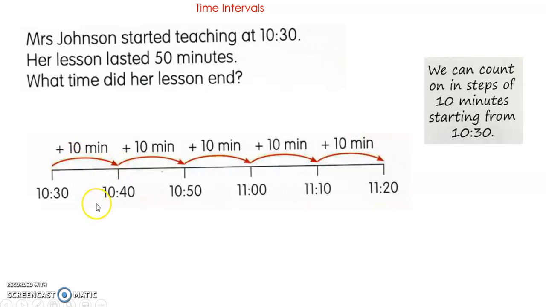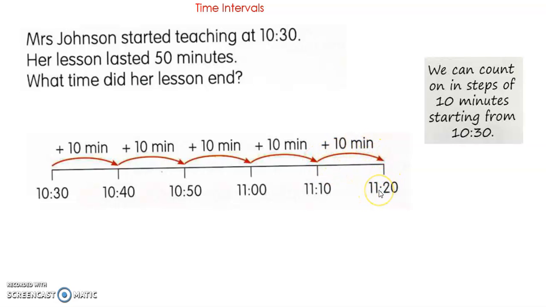This means 10:40. Then 10 more minutes, 10:50. 10 more minutes, 11:00. 10 more minutes, 11:10. Let's see how many minutes we have so far: 10, 10, 10, 10. 4 tens means 40 minutes, but the lesson lasted 50 minutes. So we need to add 10 more minutes.